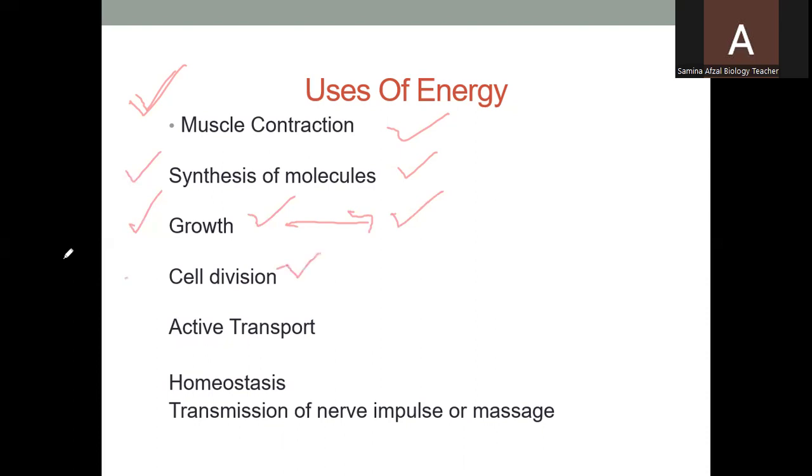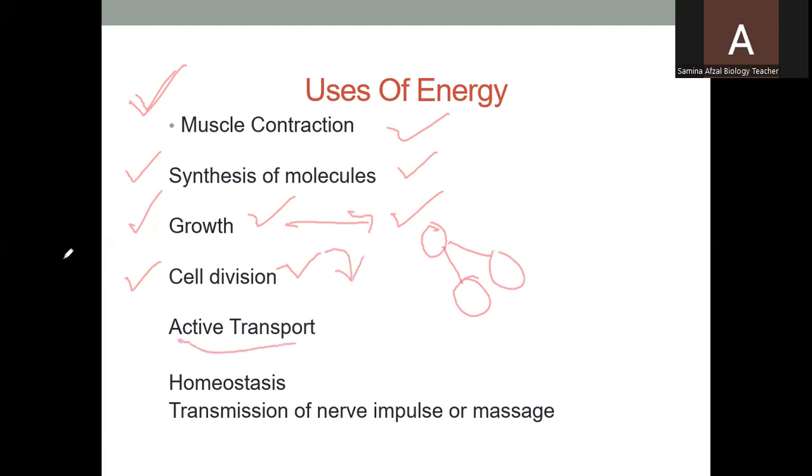Cell division: one cell divides into two cells. When a cell has to divide, again energy is required. If there is no energy, there is no proper cell division, you can say.